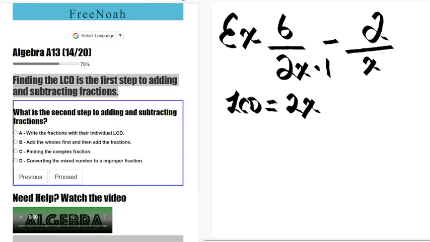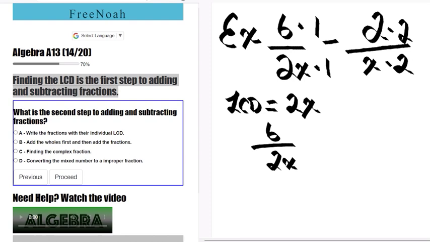So here we're going to multiply 2x times 1 and 6 by 1. Leave that alone. And here we're going to multiply by 2 for our second fraction. So we multiply the numerator and the denominator by 2. Looks good there. So now we're left with 6 over 2x minus 4 over 2x. Now we have a common denominator of 2x.